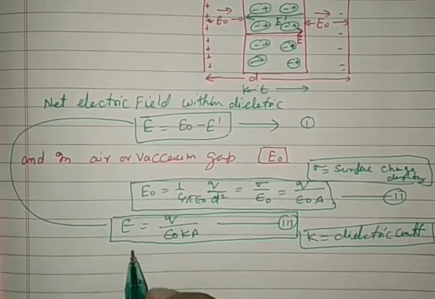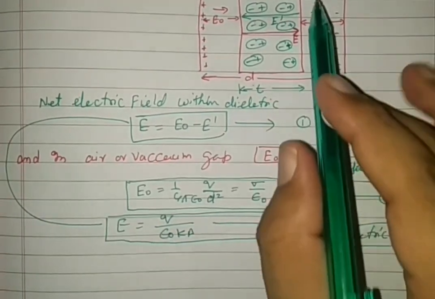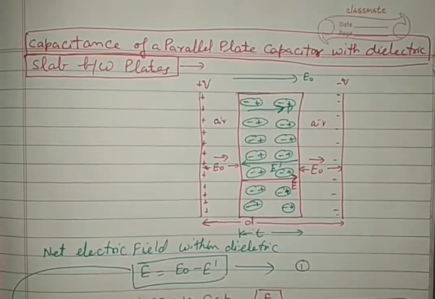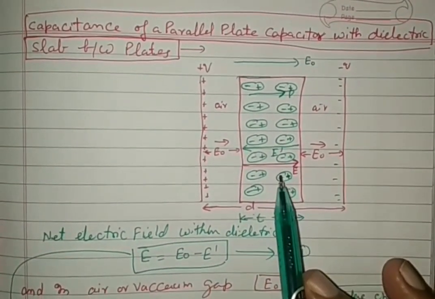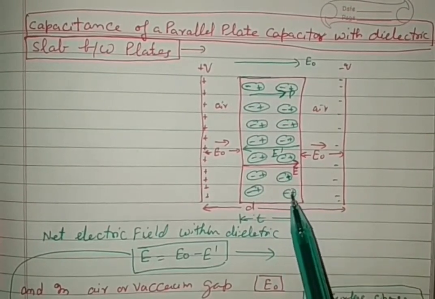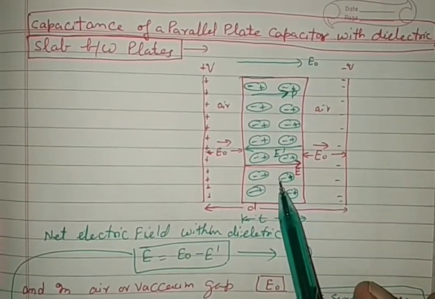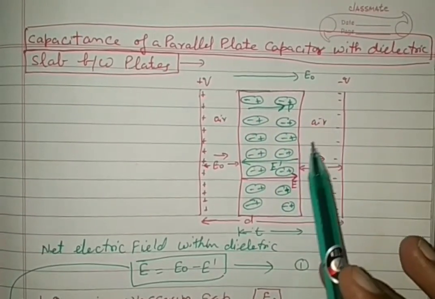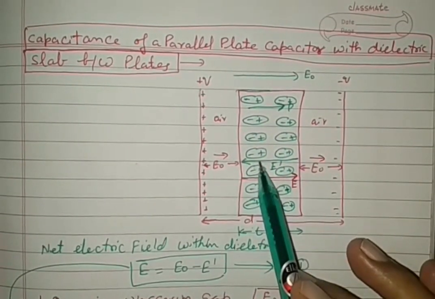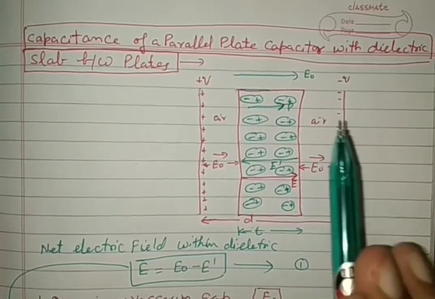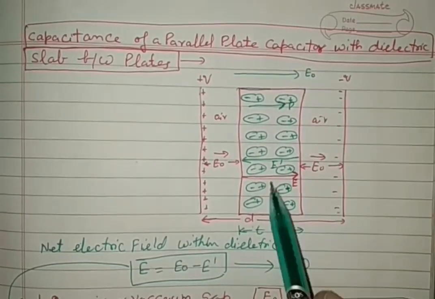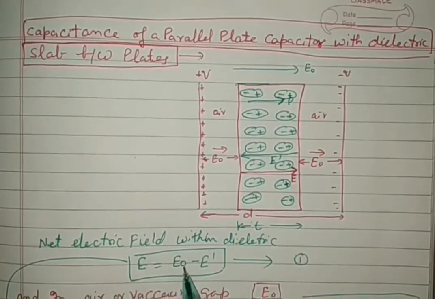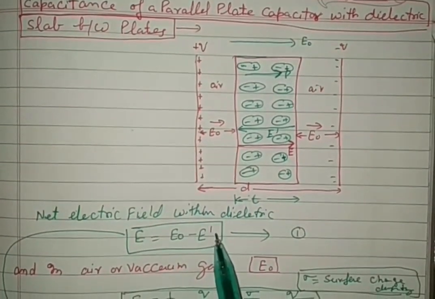This is the resultant electric field along P within the dielectric. Is it clear? I have explained this in the phenomenon of polarization. When we place a dielectric, the dipoles reorient along E. So an internal field E dash is developed, whose tendency is to weaken the external field E naught. So the resultant field becomes E, that is E naught minus E dash, right?